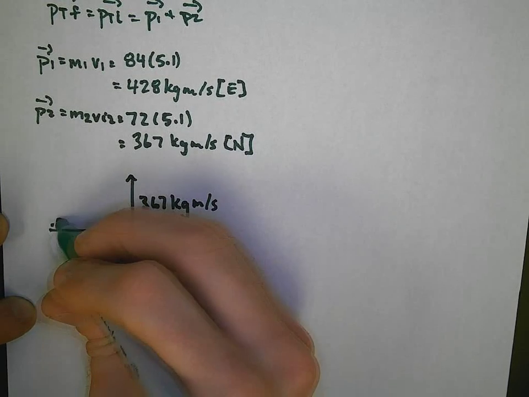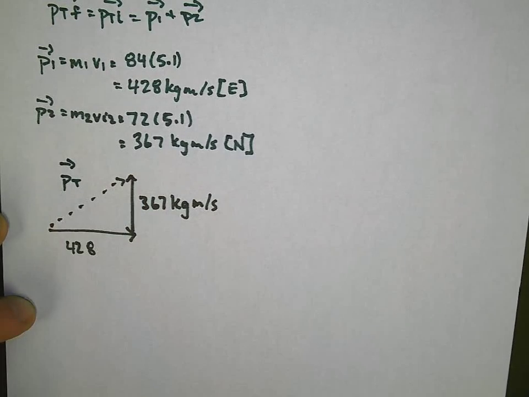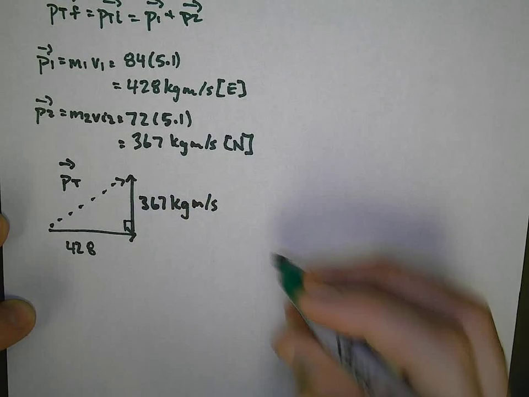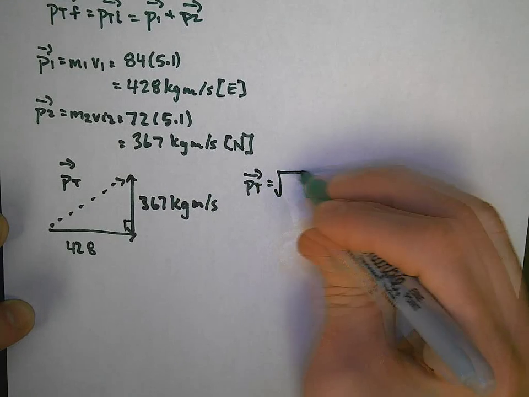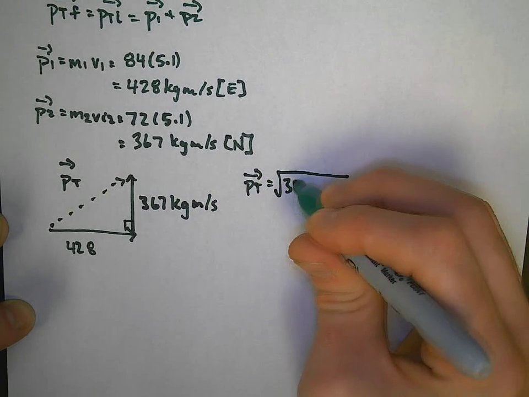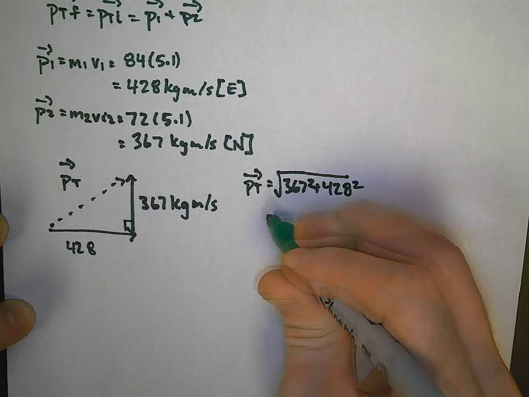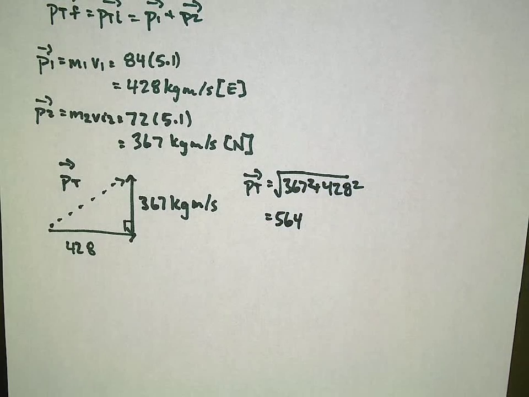And we can calculate what our total momentum was quite easily due to the fact they're at a right-angled triangle. So PT from the Pythagorean theorem will be the square root of 367 squared plus 428 squared, and that gives us 564 kilogram meters per second.